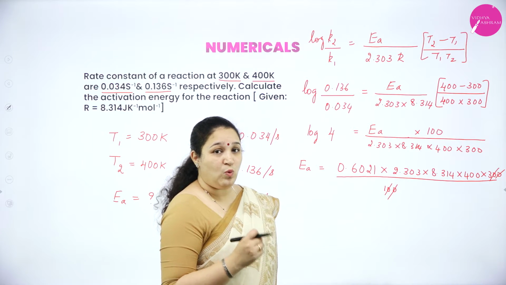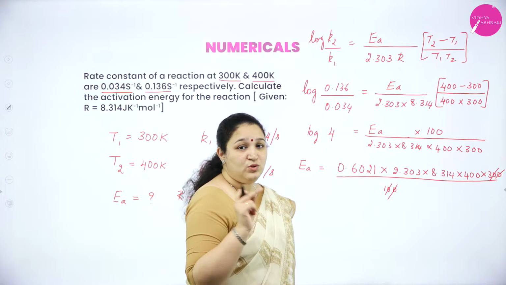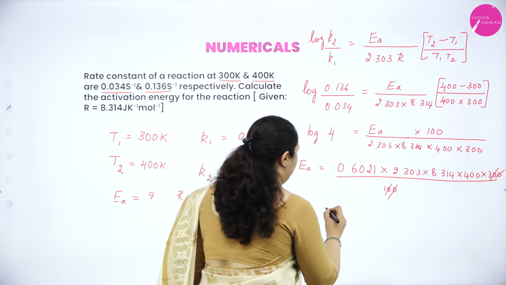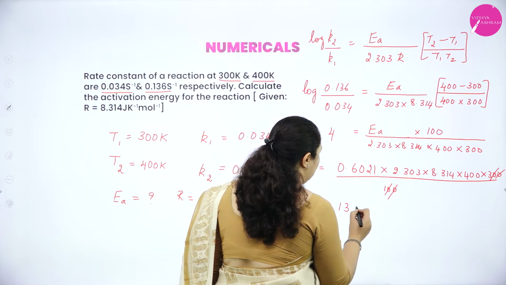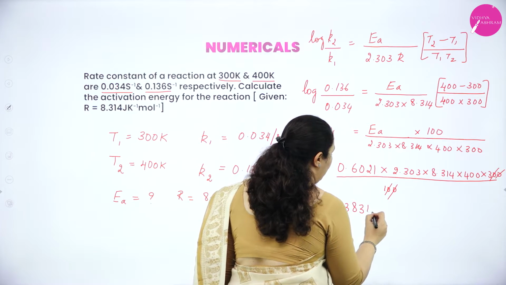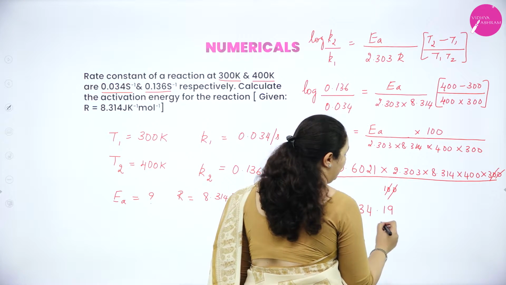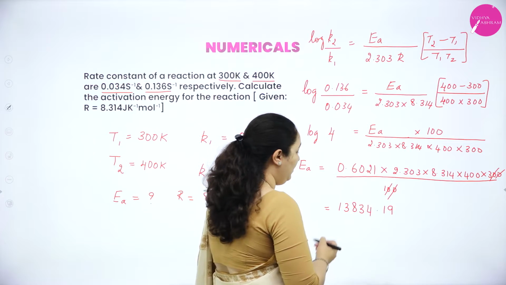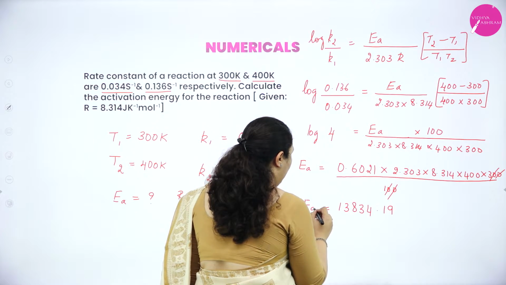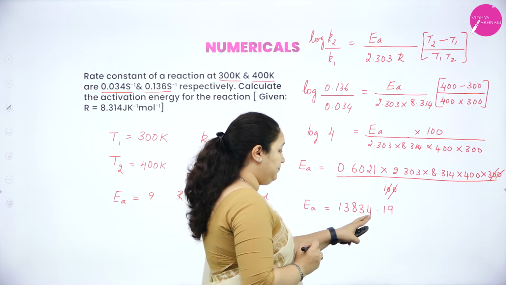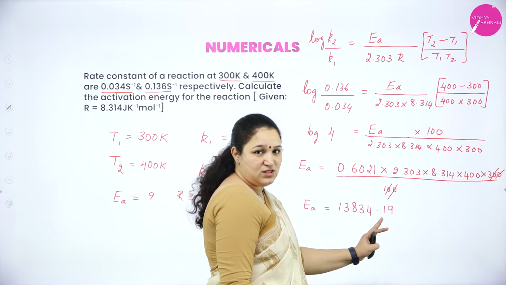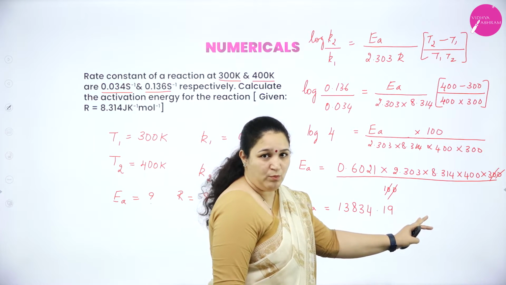Okay, so what is the answer which we are getting? You will get the answer as 13334.19 and something. Okay, this is EA value. But here this is activation energy, so it is joule per mole.